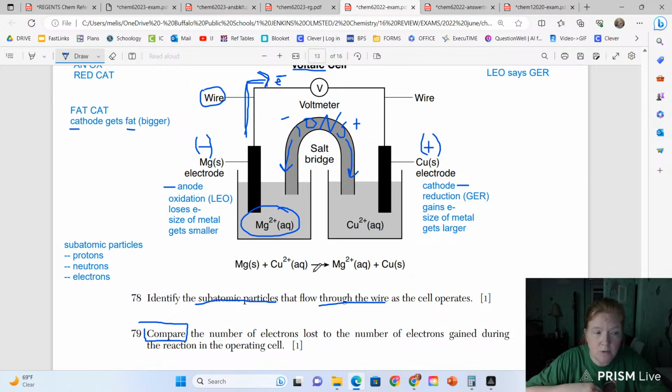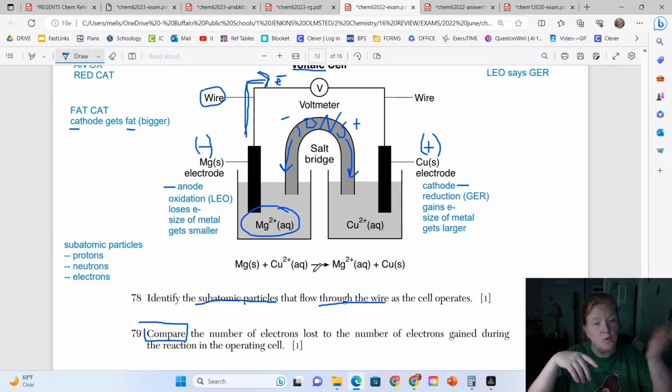So yes, you have 2 electrons, but I don't want to say a number. I just want to say it's the same. Meaning, if magnesium loses 2 electrons, copper gains 2 electrons. So the number of electrons lost is equal to the number of electrons gained.